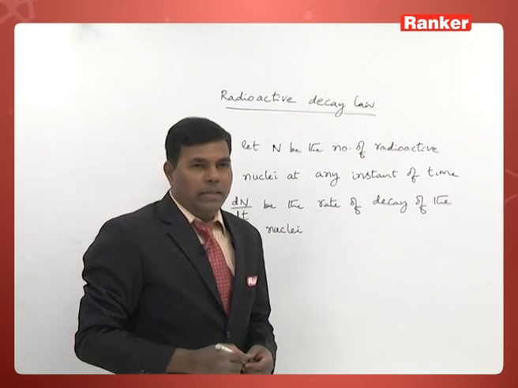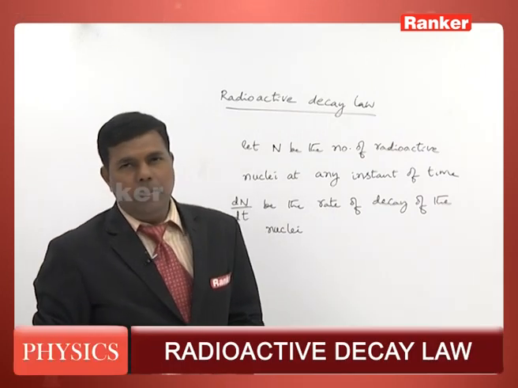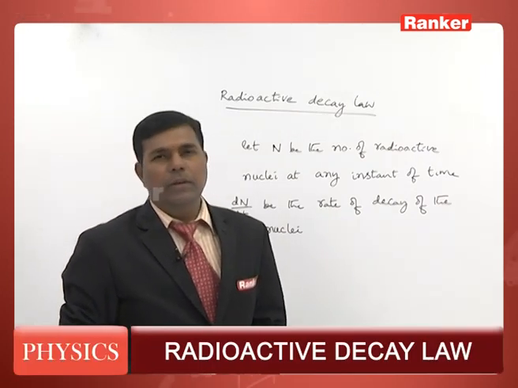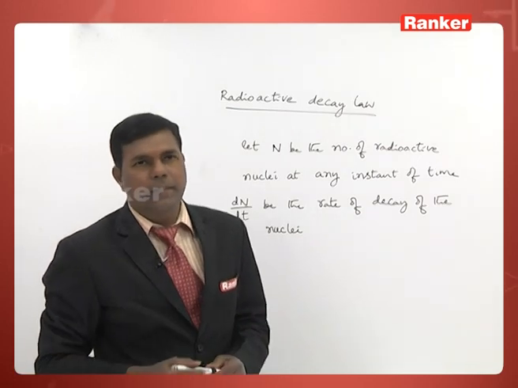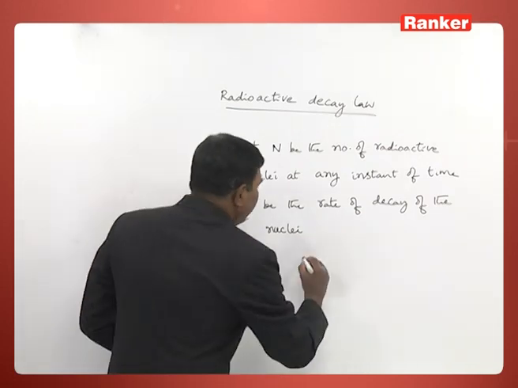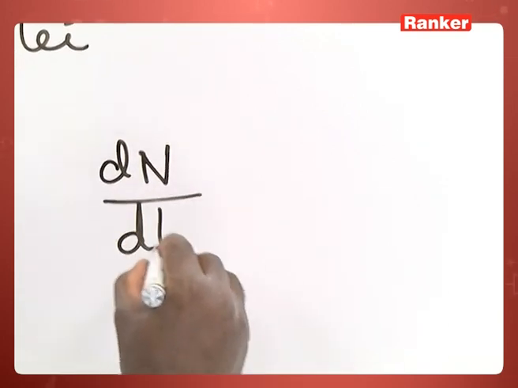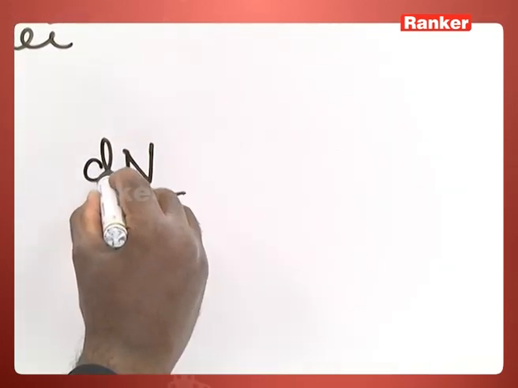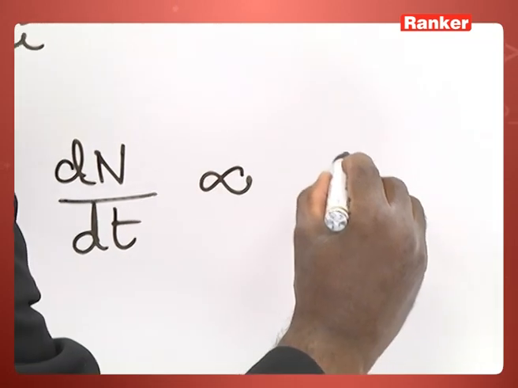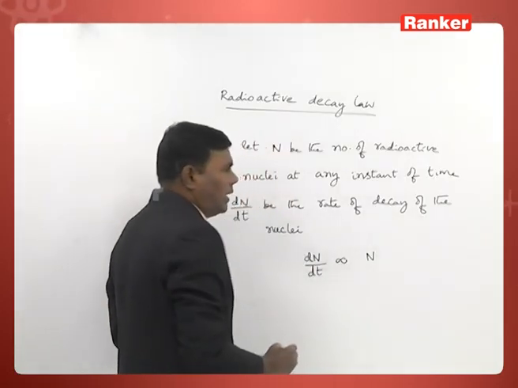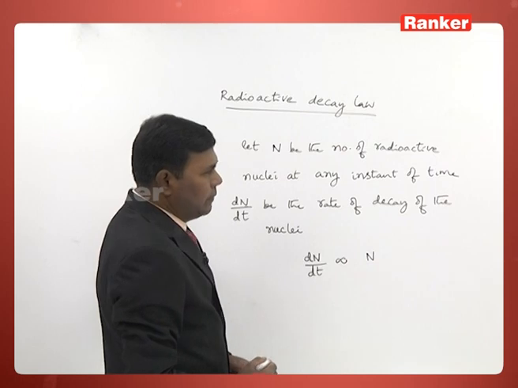Now, it is observed that this rate of decay is always directly proportional to the number of nuclei that are present at any instant of time. It implies that we can write an expression: dN by dt is proportional to N, the number of nuclei at any instant of time.